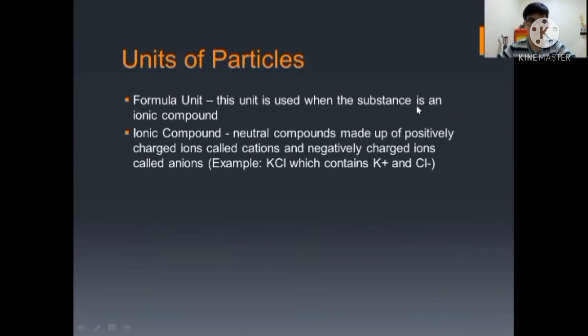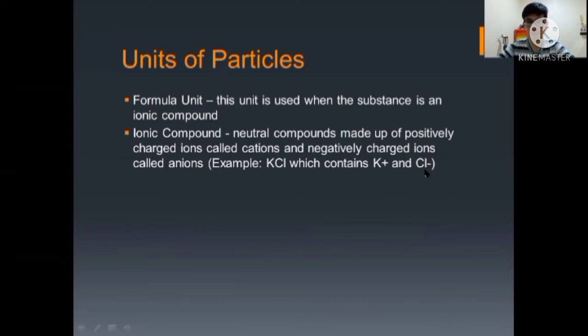An ionic compound is a neutral compound made out of positively charged ions, which we call cations, and negatively charged ions called anions. Here I have an example of an ionic compound: potassium chloride, which contains potassium ions and also chlorine ions.